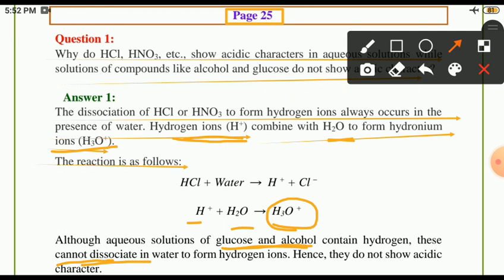HCl reacts with water and produces H positive plus chloride ion in the aqueous medium. Then this H positive ion combines with water and produces H3O positive ion, or we can say hydronium ion. Although aqueous solution of glucose and alcohol contains hydrogen, these cannot dissociate in water to form hydrogen ions. Hence, they do not show acidic character.